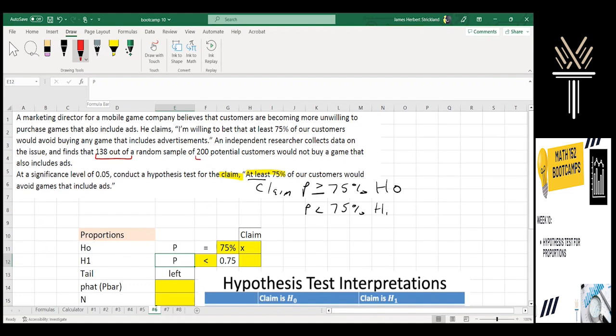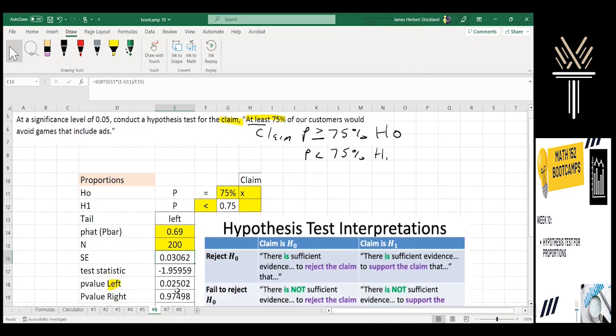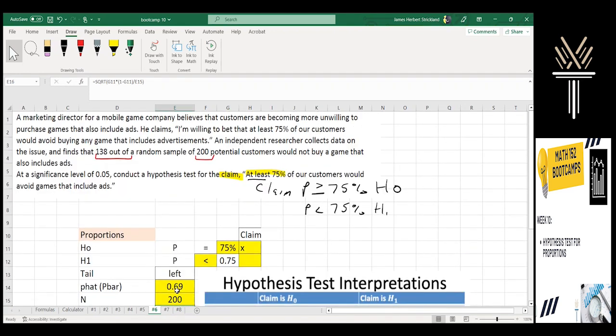138 out of 200. There's my ratio, my relative frequency. 200 total. And significance level is 0.05. And so if you notice, if I'm reading this, I started here and I only went up to here and I got to stop reading. So it really helps you to read bottom to top.